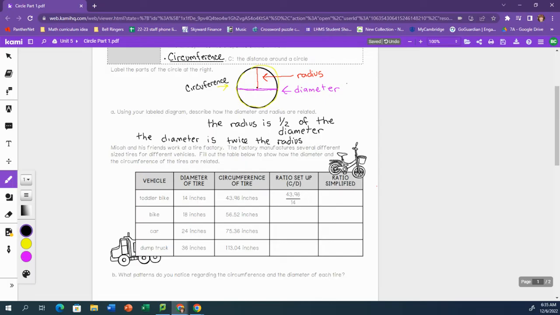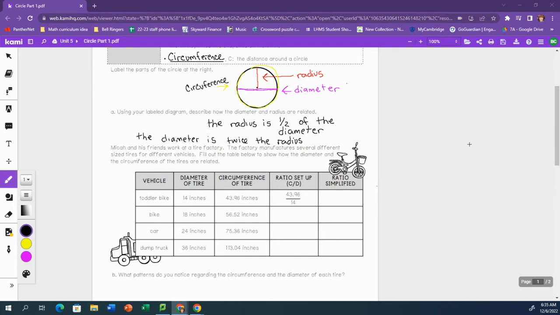Okay, so with that in mind, Micah and his friends are working in a tire factory. The factory manufactures several different size tires for different vehicles. Fill out the table below to show how the diameter and the circumference of the tires are related.